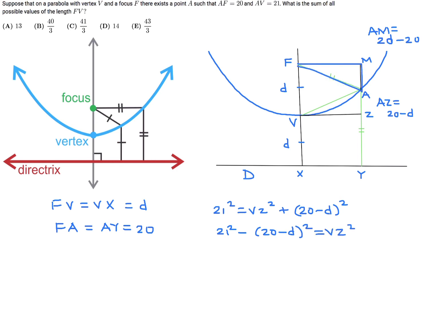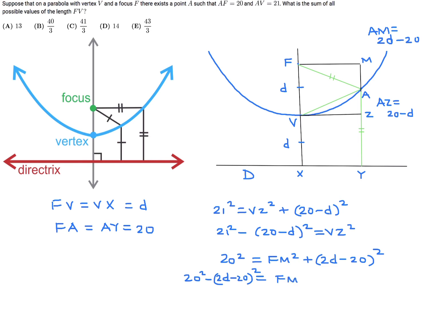And then from that triangle, I get FA, which is the hypotenuse there, which is 20 squared, is equal to FM squared plus MA, or AM, which is 2D minus 20 squared. And I can isolate for this: 20 squared minus (2D minus 20) all squared.